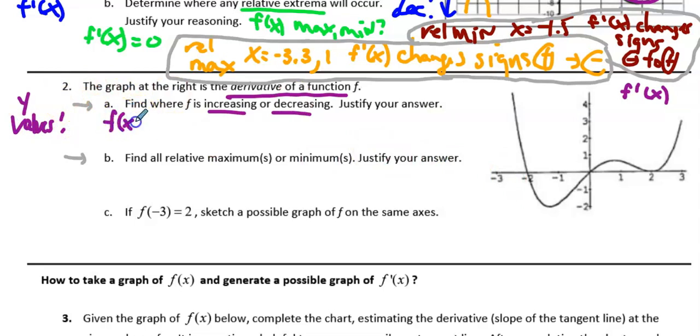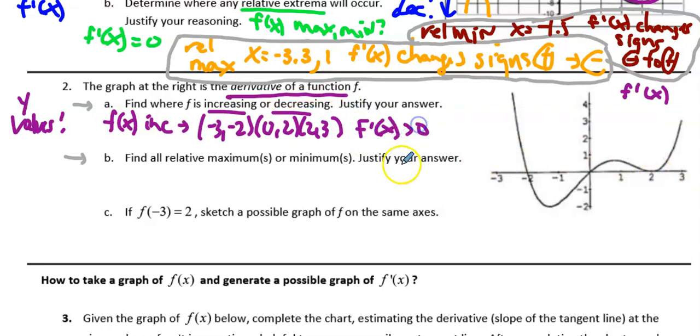So f of x is increasing, and hopefully you guys got this already, from, let's just say, negative 3 to negative 2. And it's also increasing from 0, ooh, this is a good one, 0 to 2, right? We cannot include 2, and then 2 to 3. And the reason why is that f prime of x is greater than 0. Include and go from 0 to 3.